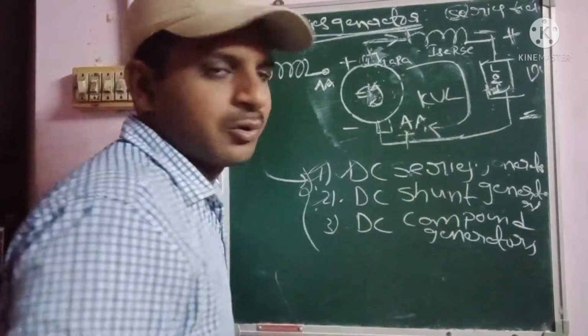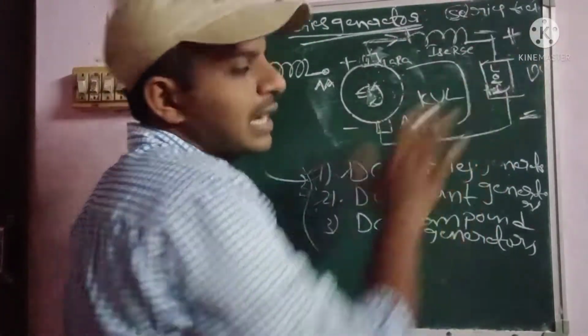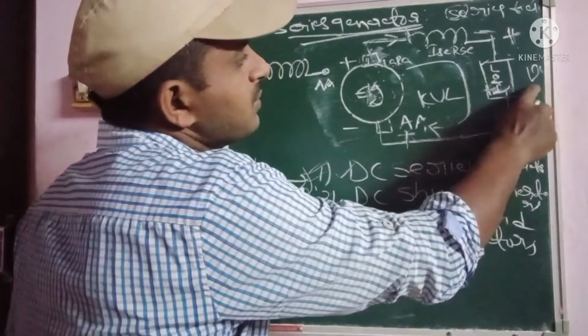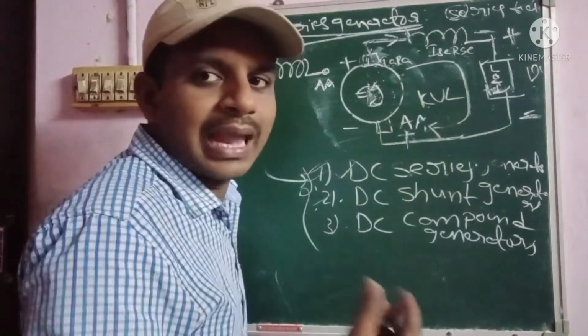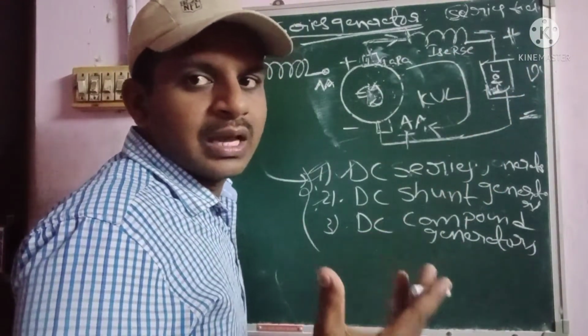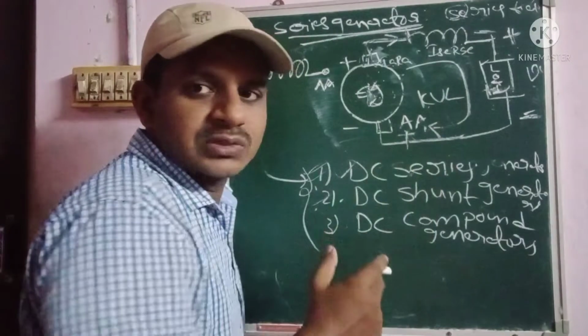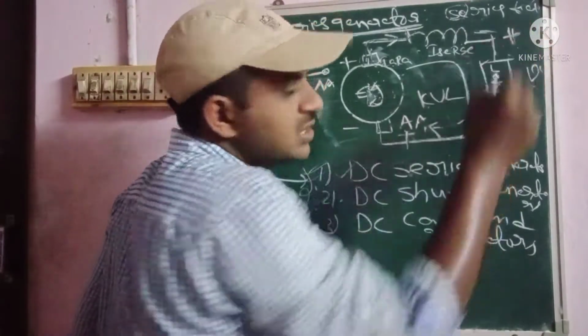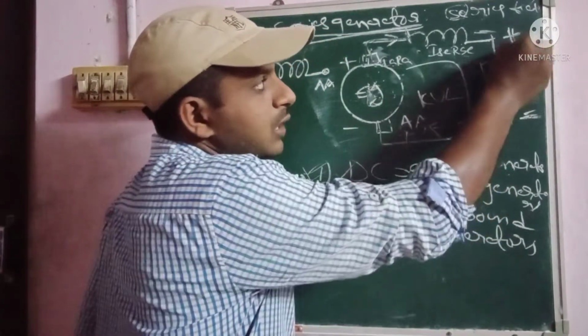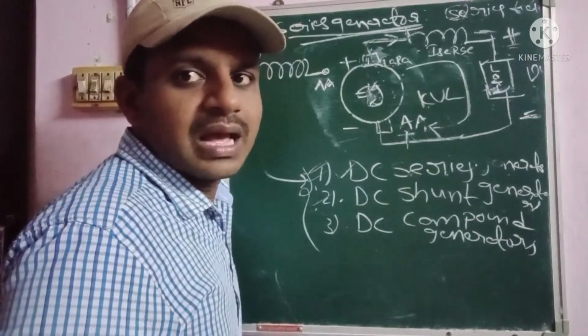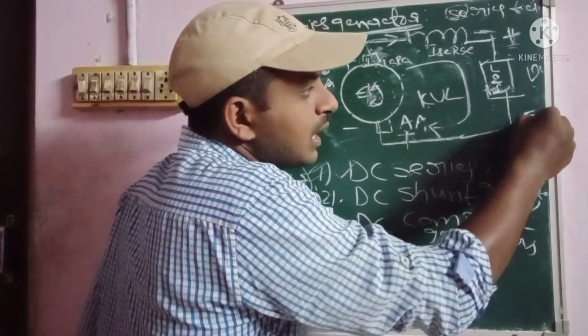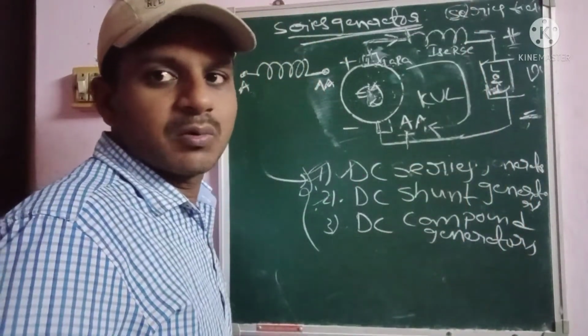Now apply KVL. Generally we have to calculate the total voltage starting either from the positive sign, or else from the negative side of the voltage.